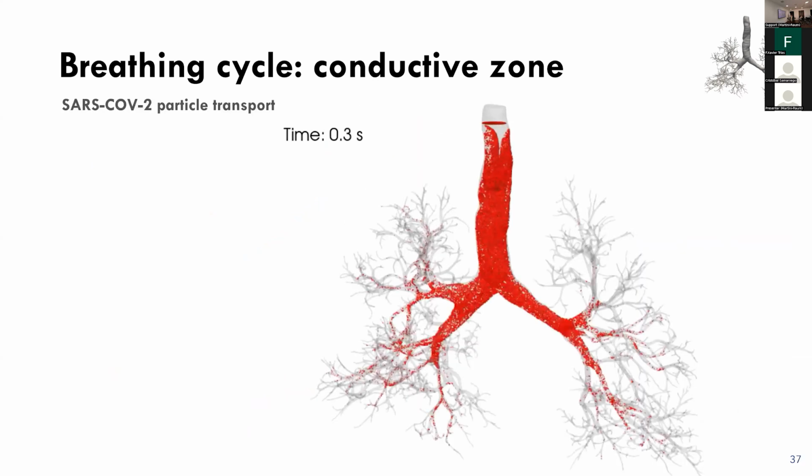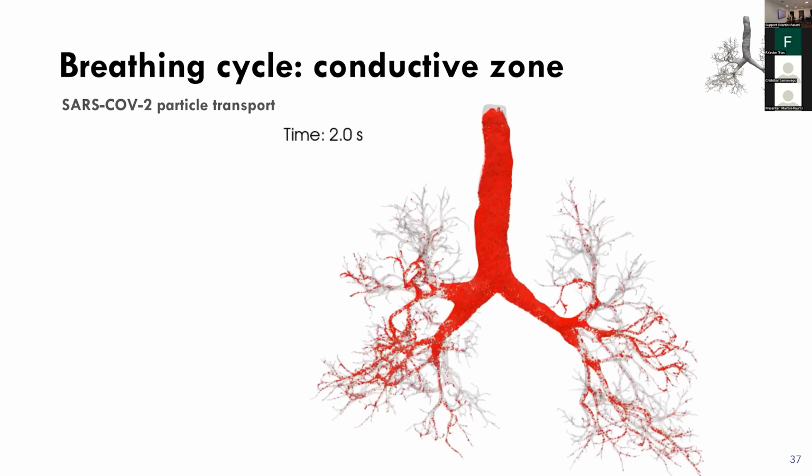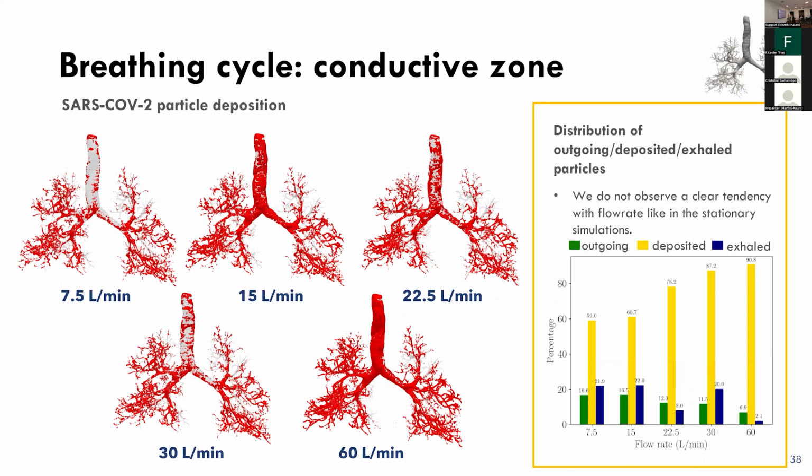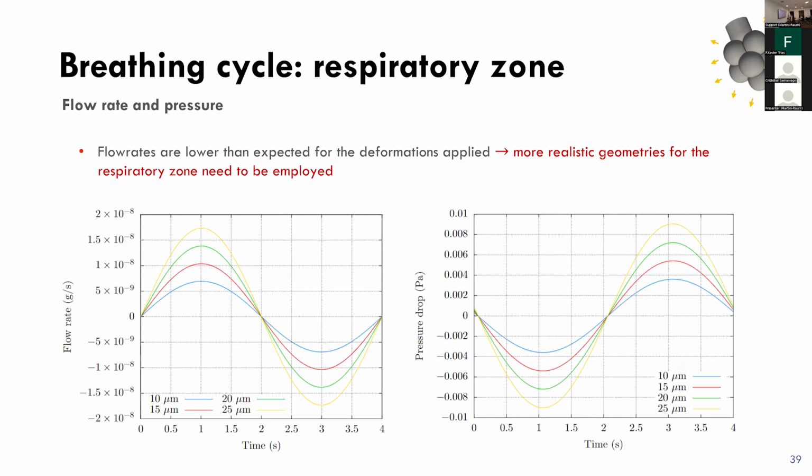And these are the simulation of the particles transporting with these cycles for the SARS. In this case, it's one cycle. But we obtained that deposition map for each different flow rate for the breathing cycle in the conductive zone.